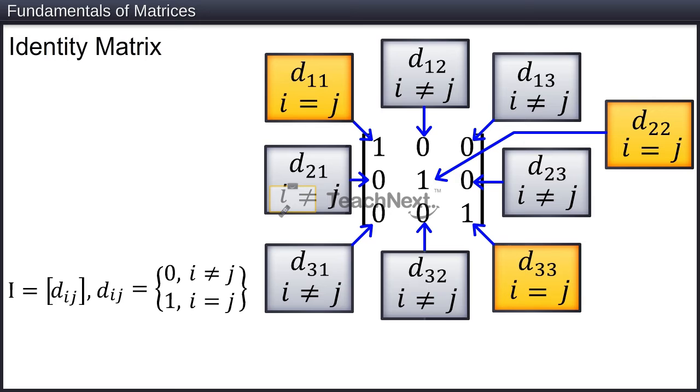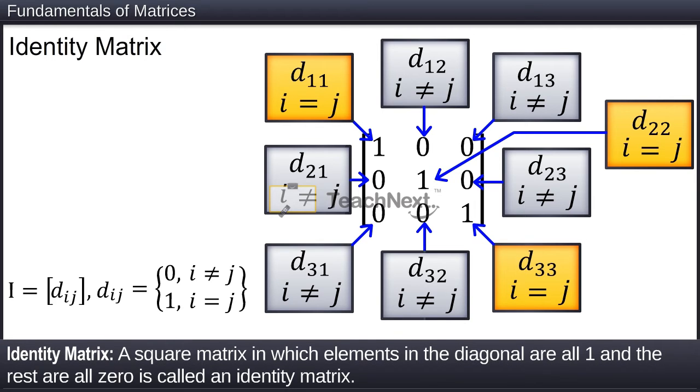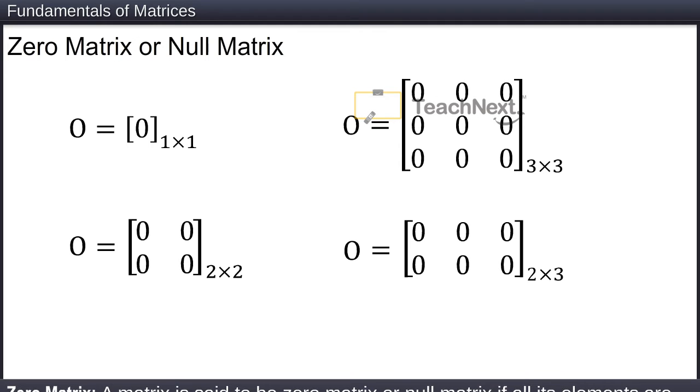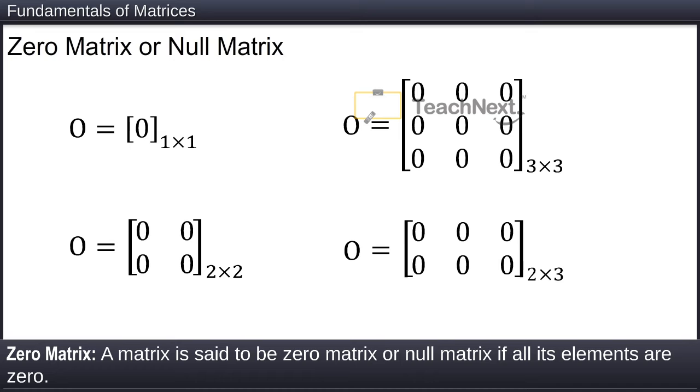The general representation is used to explore the example as shown. A square matrix in which elements in the diagonal are all 1 and the rest are all 0 is called an identity matrix. When every element of a matrix is 0, the matrix is called a zero matrix or null matrix. A matrix is said to be a zero matrix or null matrix if all its elements are 0.